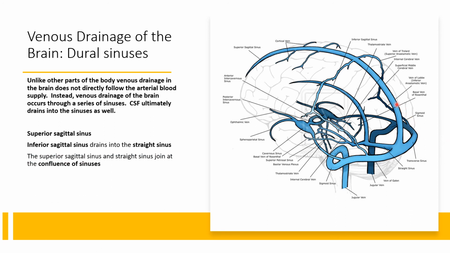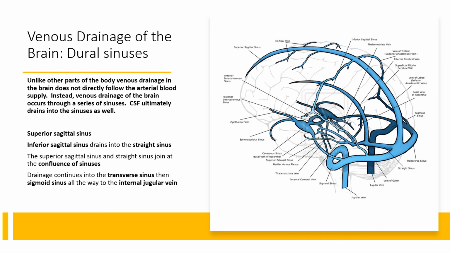Then you have your superior sagittal sinus and straight sinus, which join at the confluence of sinuses. Your drainage continues on each side into the transverse sinus, then the sigmoid sinus, all the way into the internal jugular vein. And the same on this side: transverse sinus, sigmoid, because it's S-shaped, into the internal jugular vein.